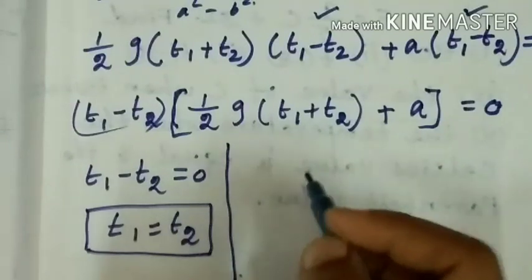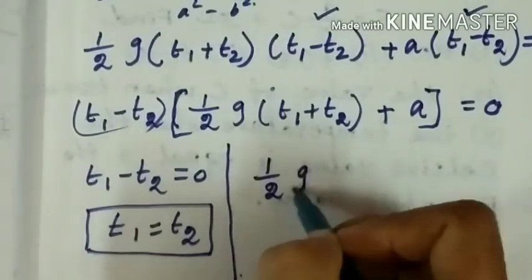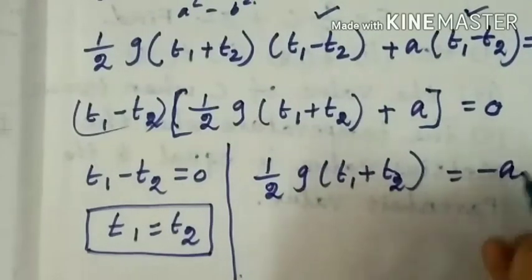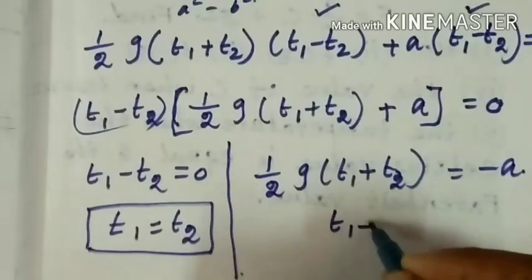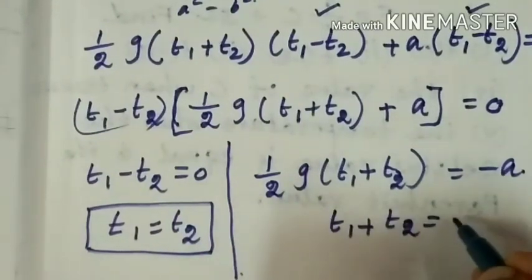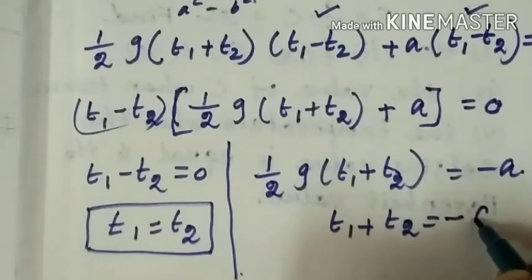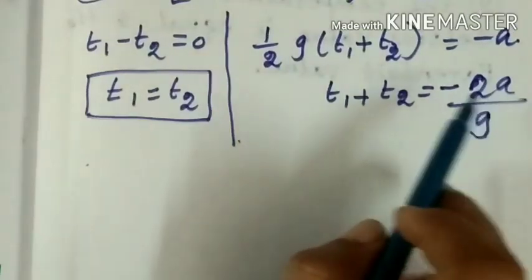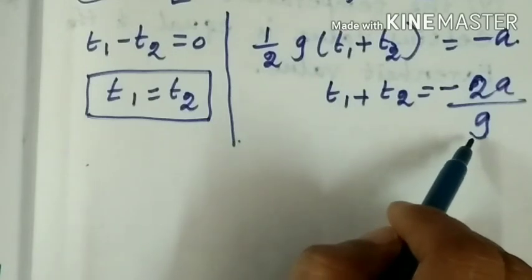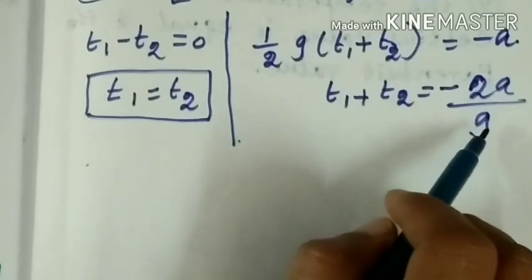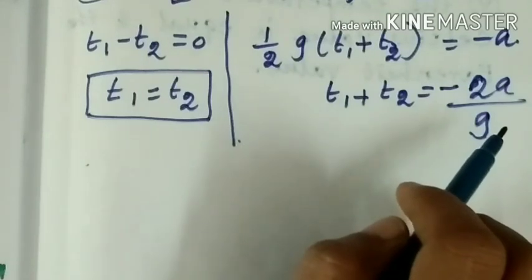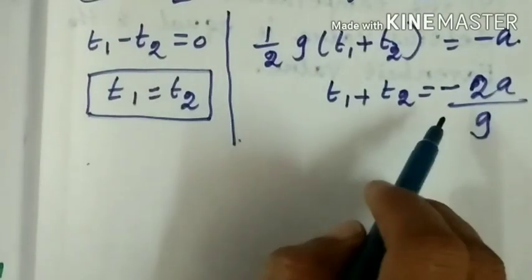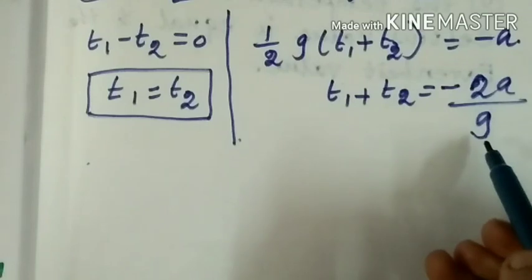Then in the next factor, half g into t1 plus t2 is equal to minus a, so t1 plus t2 equal to minus 2a by g. See here, we get minus 2a by g.